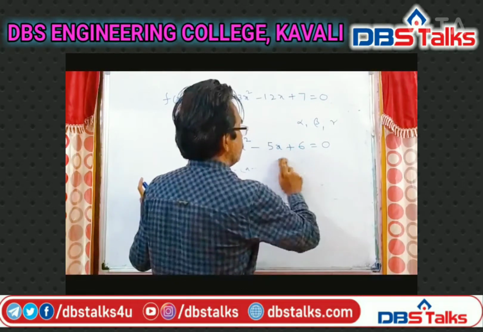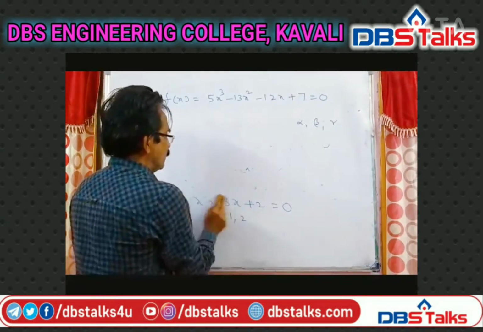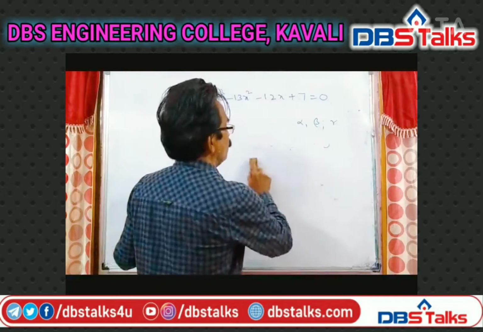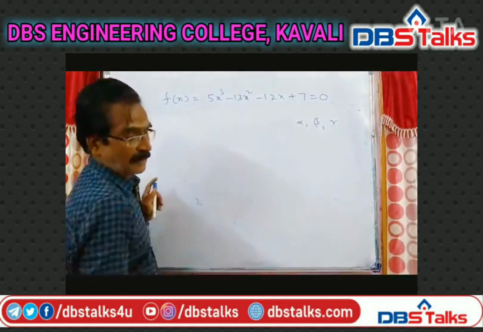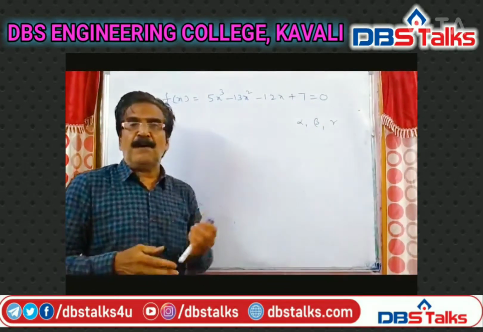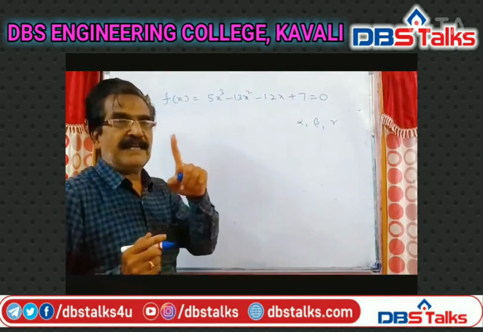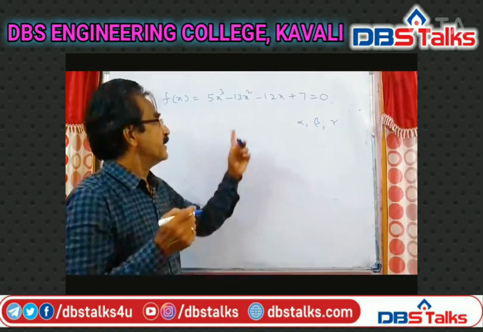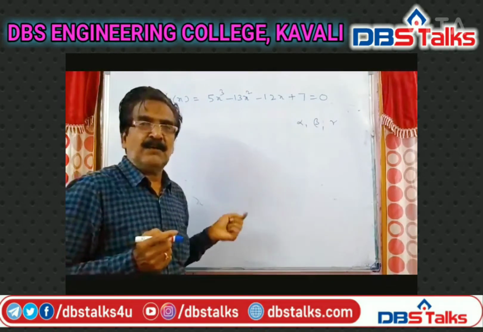So friends, now our problem is f(x) is equal to this one. We want a polynomial whose roots are diminished by 2. So what is one way, friends? By substituting x is equal to x plus 2. The other way, now let us see.